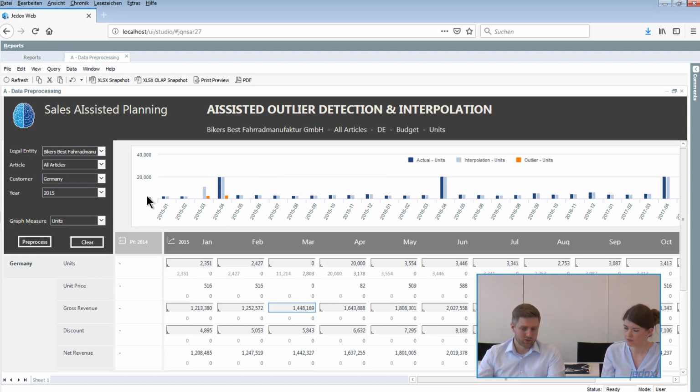So the first one has no prior values, so this is marked as an outlier. And it also gives a suggestion for this value. In this case, it's something which fits in this curve. And you see that it's also fitting better than the interpolation, because it knows that this is an outlier. So in this case, it gives better suggestions for the gap. And we will see later on that it's very important to have good data here, so that we have a good forecast. So in this case, we will use these suggested values here.